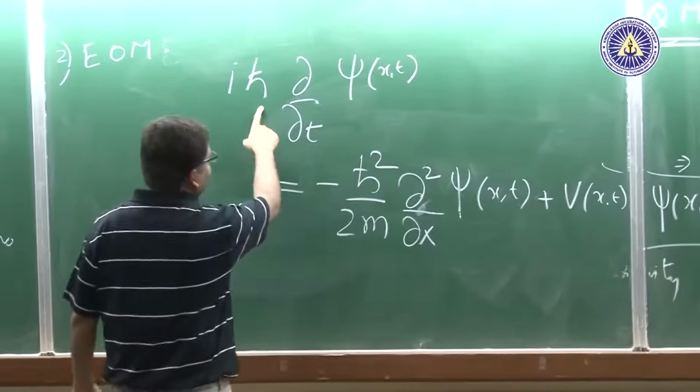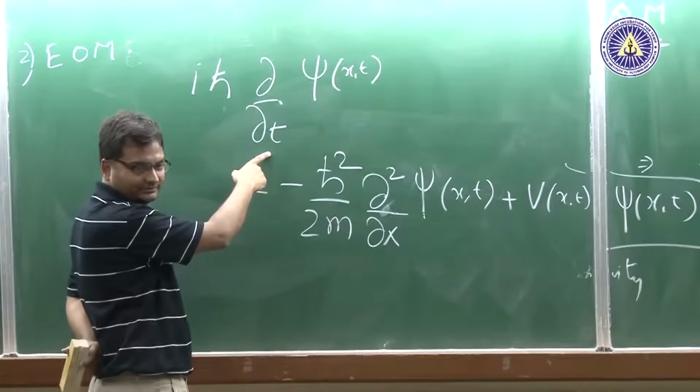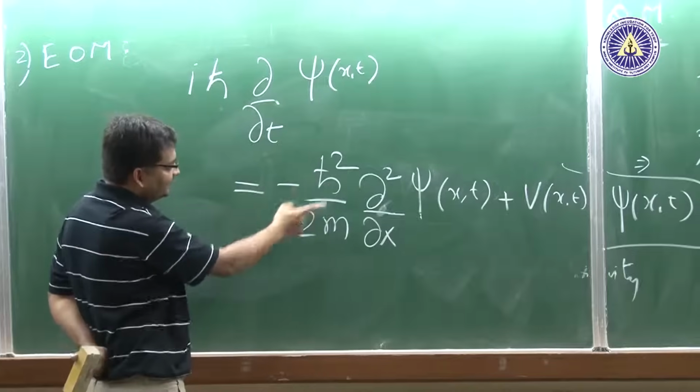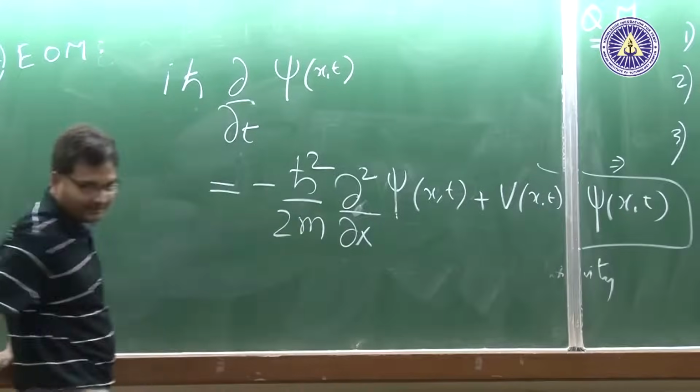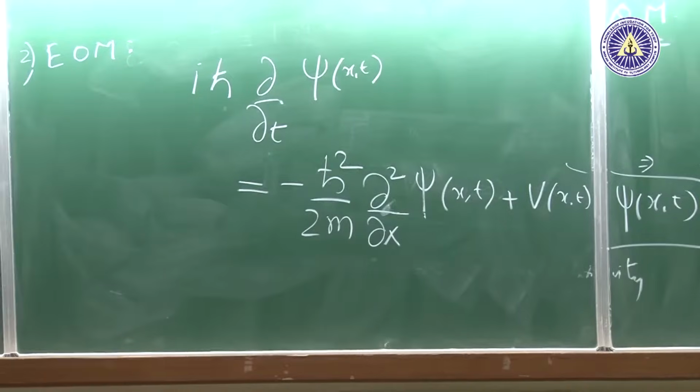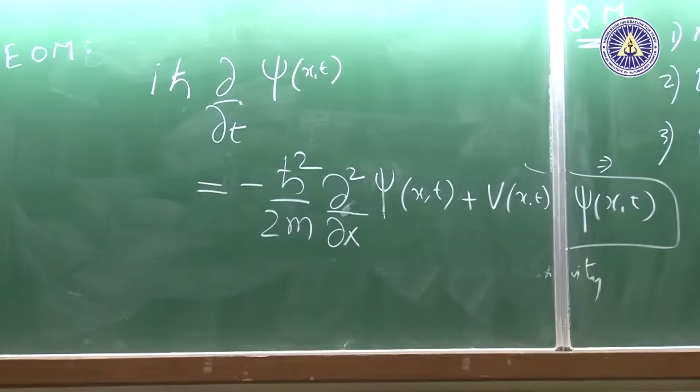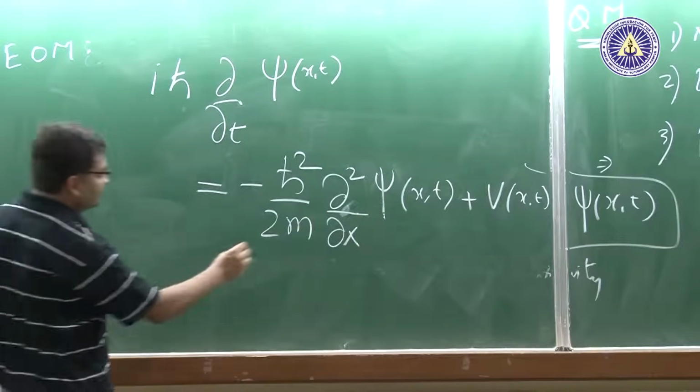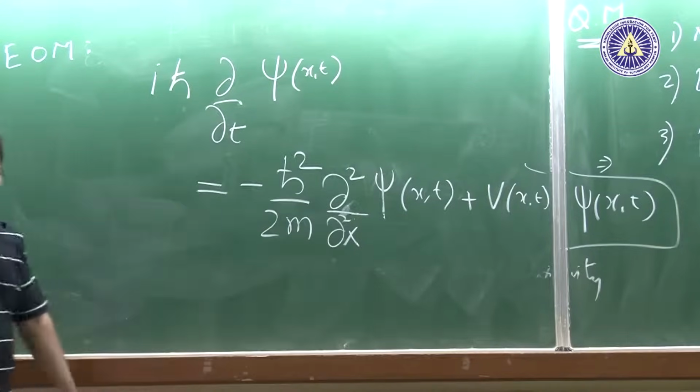So, i h cross time derivative of the state vector is equal to minus h square by 2m, this guy plus this guy. Sorry, dou x2, sorry. So, this is in one dimension.